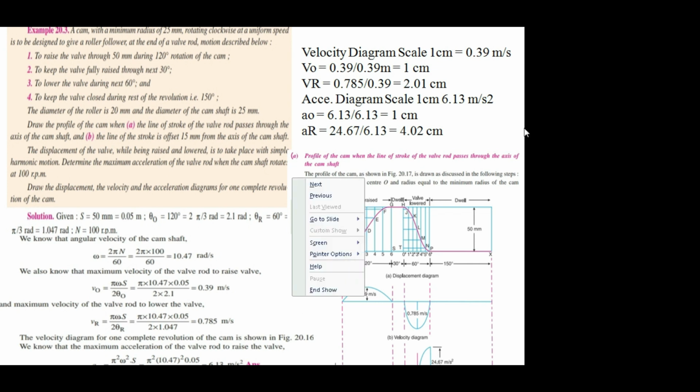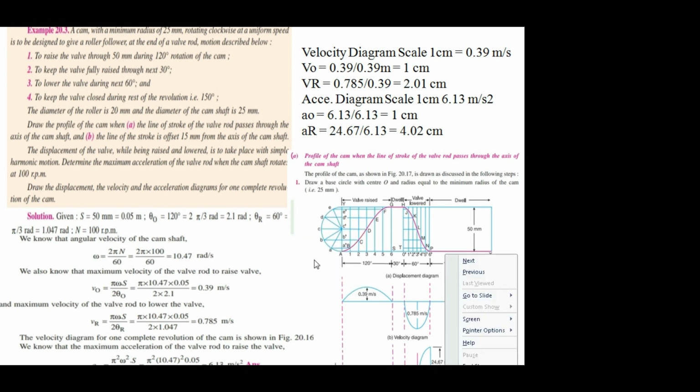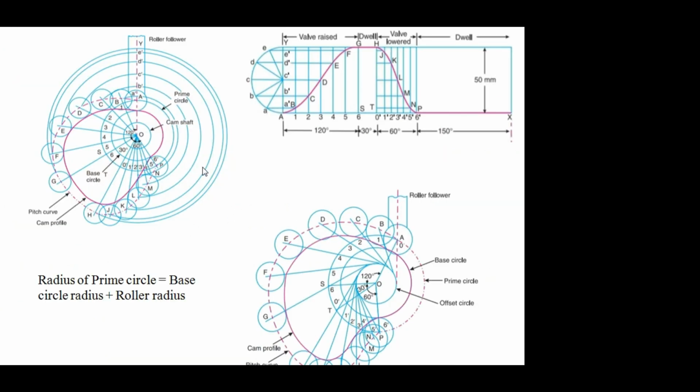Let us see how to draw the cam profile for the given data. Now, as per the first condition, the axis of cam and axis of follower are in line.